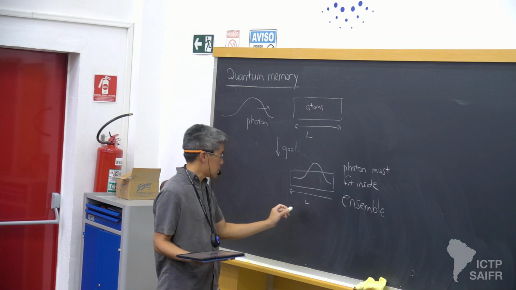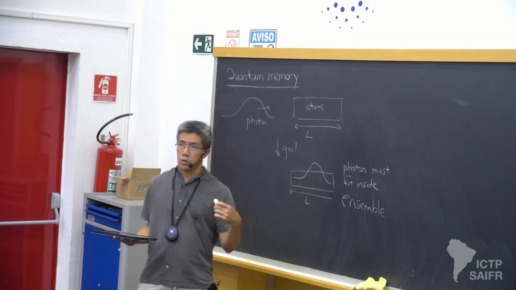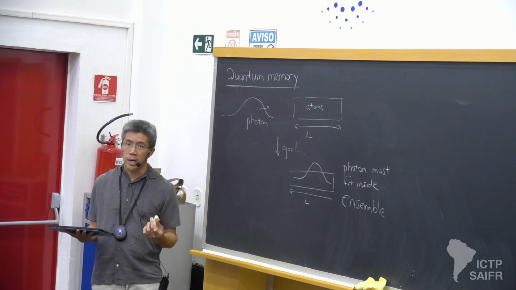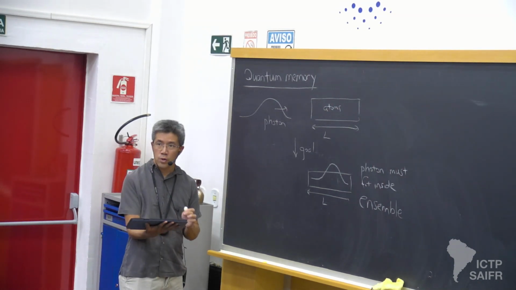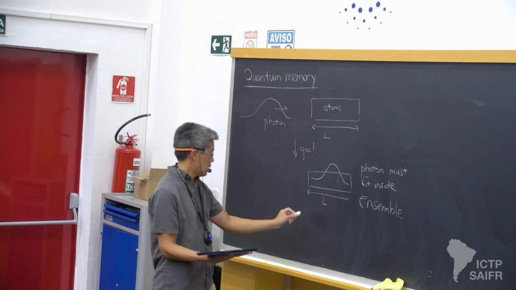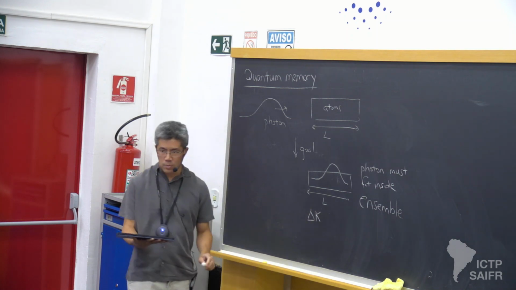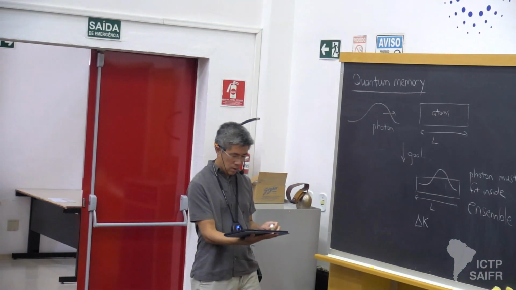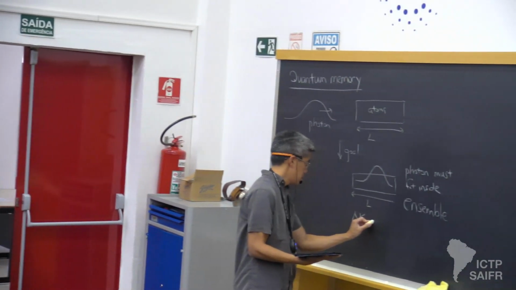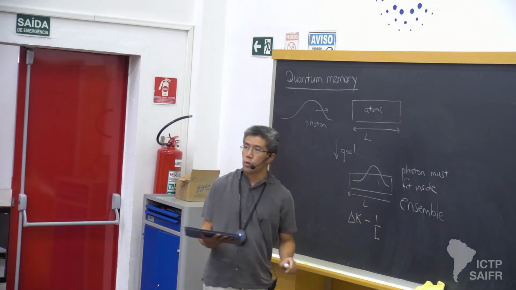So what that means is that now I can think of its spatial Fourier components, and that places a bound on the range of Fourier components. Okay, so my minimum bandwidth in wave vector space has to be on the order of 1 over L.